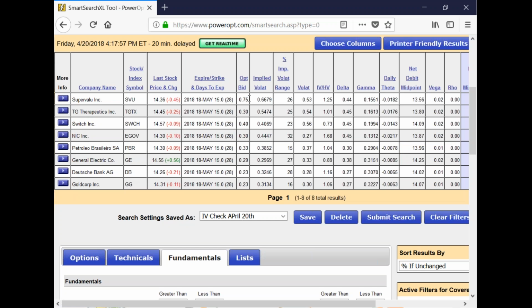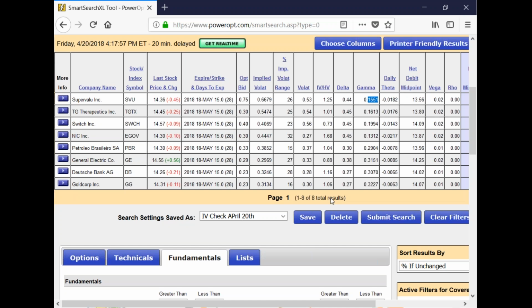Well, if the stock moves up 1 point, we'd expect this option on SVU to gain about 44 cents. But then the delta is only going to change by 0.15. So the new delta, if SVU goes up to 1536, would be 0.59 roughly.